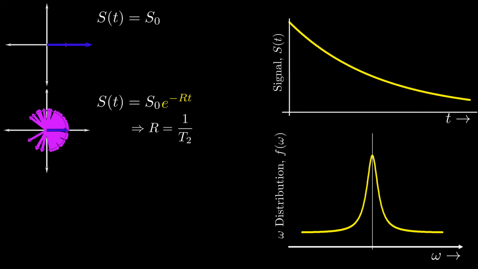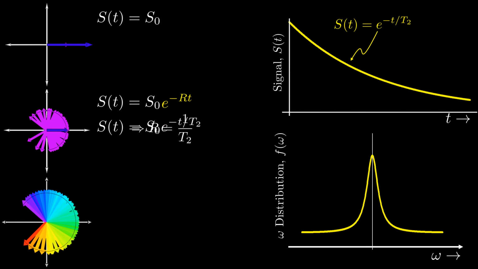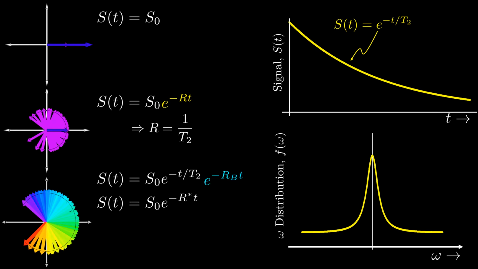Now we have another source of decay, so our already decaying function gets a second modulation term, e to the minus R_b times time. R_b here is the decay rate due to the field inhomogeneity. The nice thing about exponentials is that the decay constants multiplying time just add, and we can write a decay rate R star comprehensive of all sources of spin dephasing.